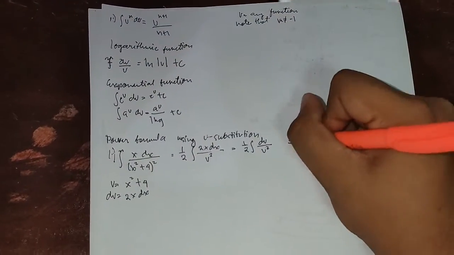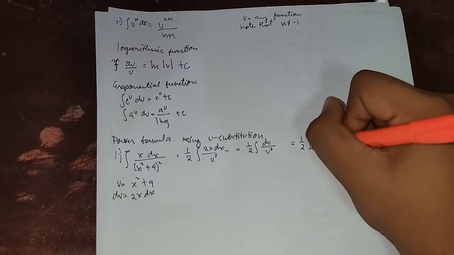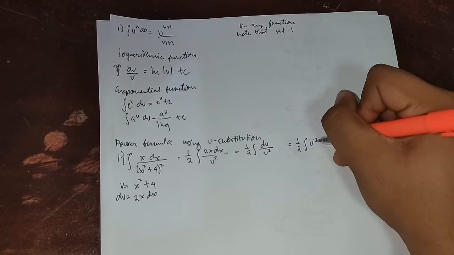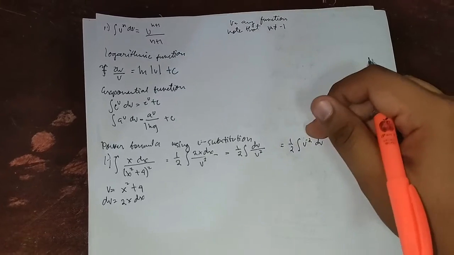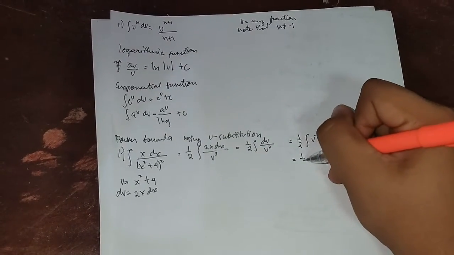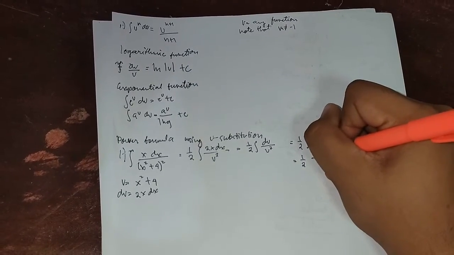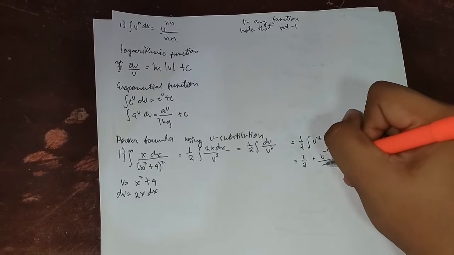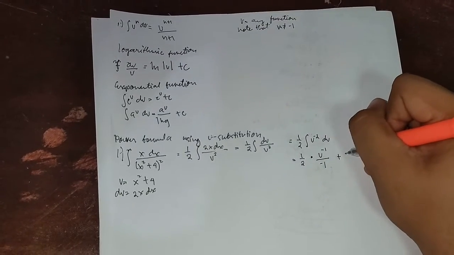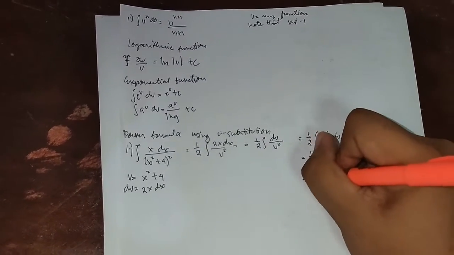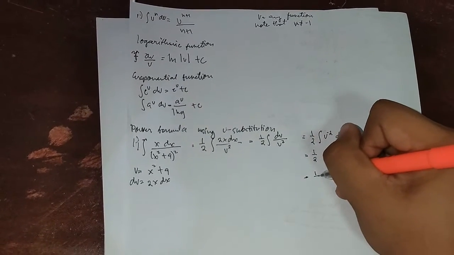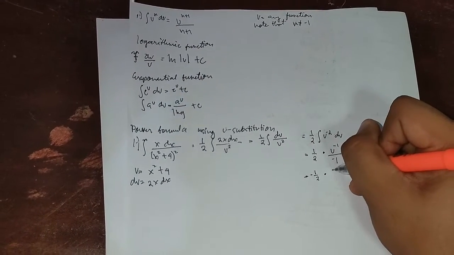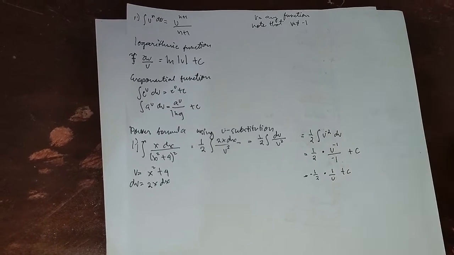Now equals 1/2 integral of u to the negative 2 du, equals 1/2 times u to the -1 over -1 plus c, don't forget your c, equals negative 1/2 times 1 over u plus c.